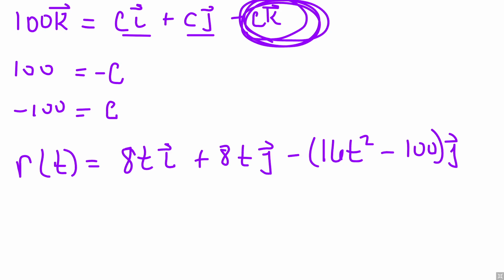And put plus 100. Yeah, it will be plus 100, and this is the k direction. So the answer that I have is correct, because all I have to do is run the negative through the parentheses. Any questions there?